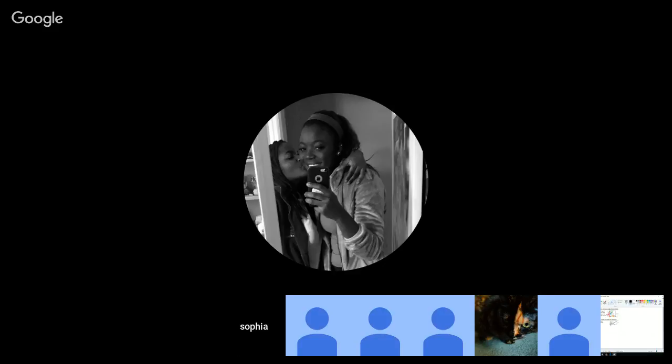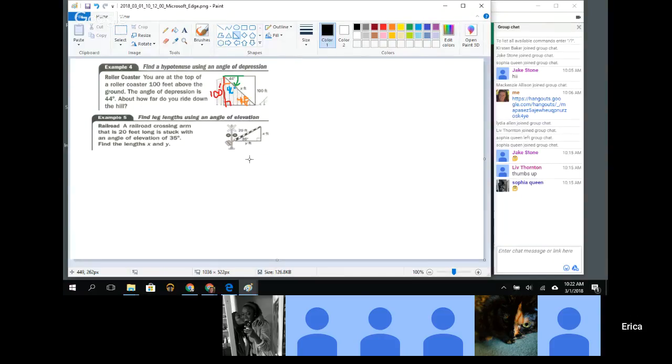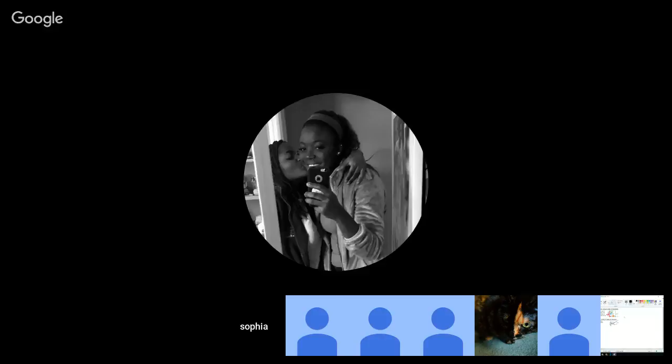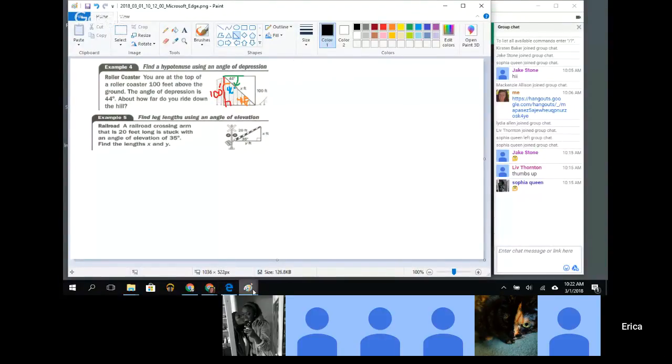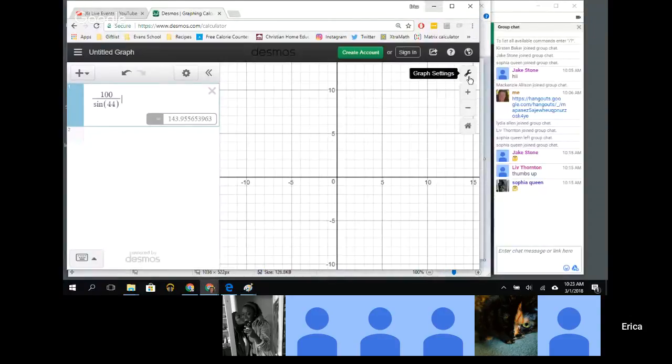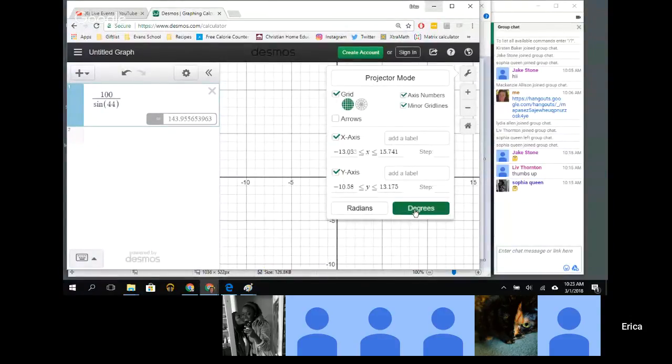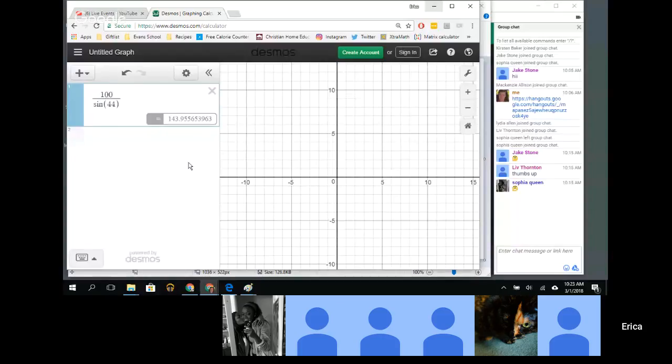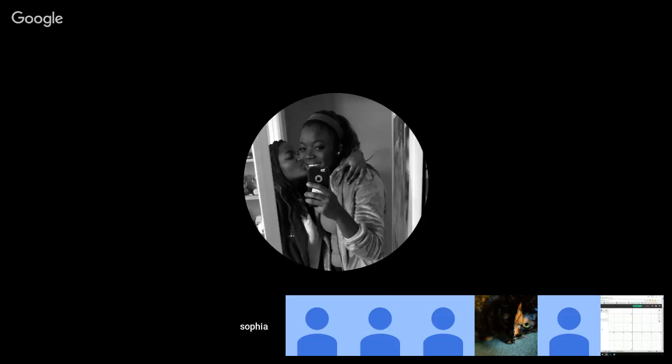How do you put it in degrees? On Desmos, it's the little wrench, and you just click on degrees. If you are using your iPhone calculator... I'm using the real deal.